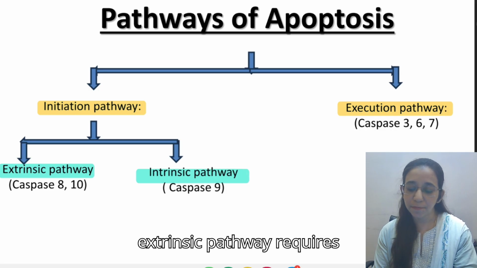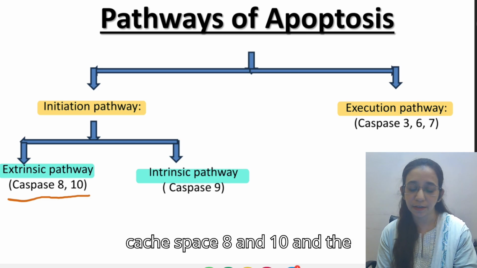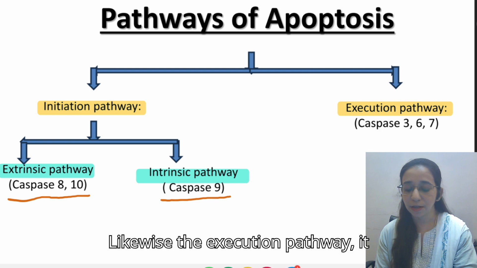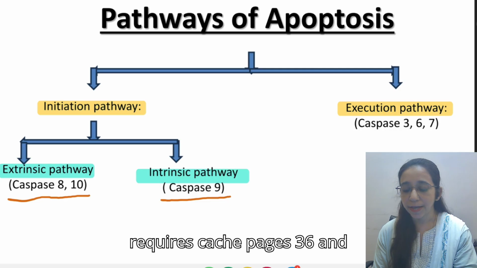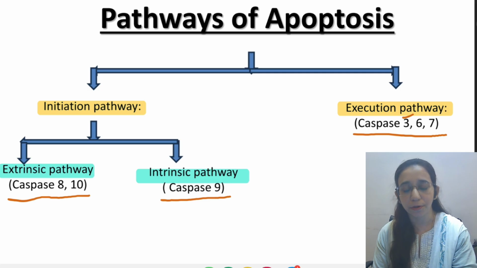The extrinsic pathway requires caspase 8 and 10 and the intrinsic pathway requires caspase 9. Likewise, the execution pathway requires caspases 3, 6 and 7, out of which caspase 3 is more important.